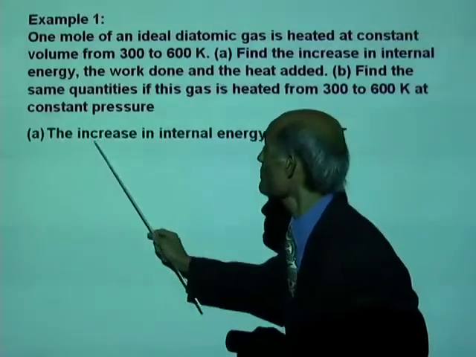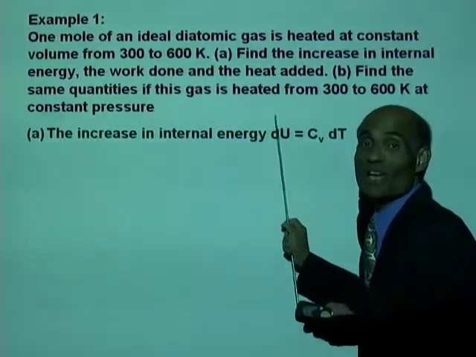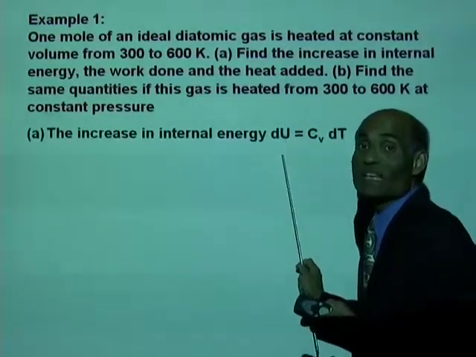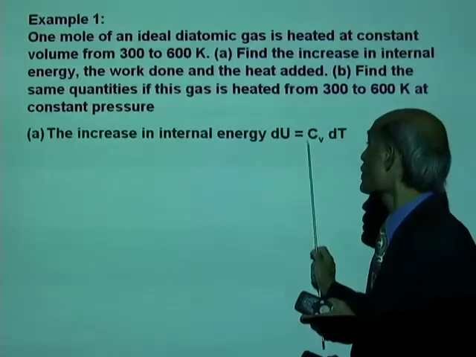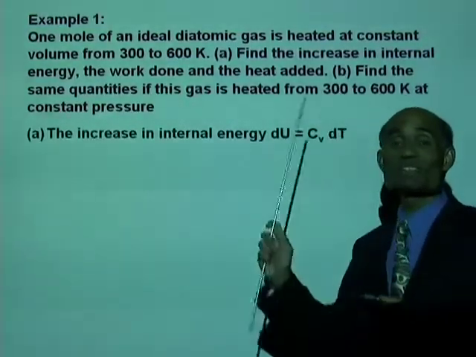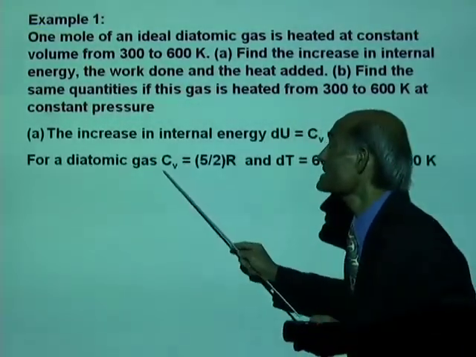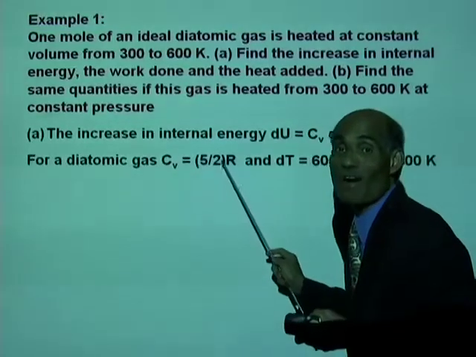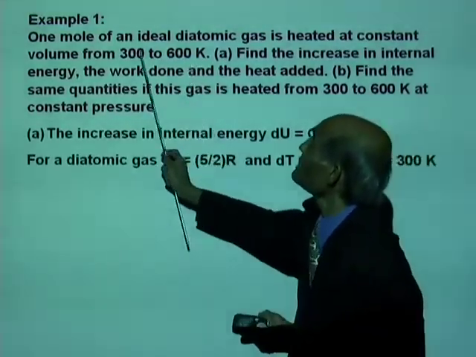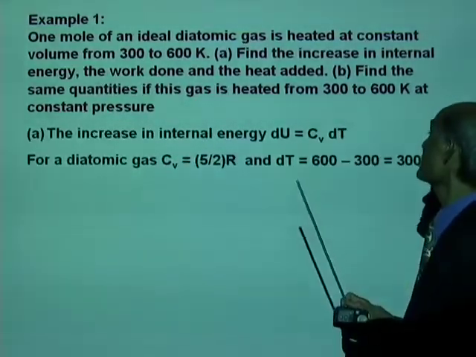Well, first we have the increase in internal energy. Remember, increase in internal energy is dU. And you know, dU by dT is what we call CV. So dU equals CV times dT. For a diatomic gas, CV equals 5/2 R, and dT is given to be 600 minus 300, and that is 300 Kelvin.